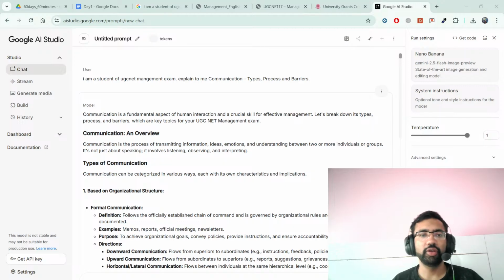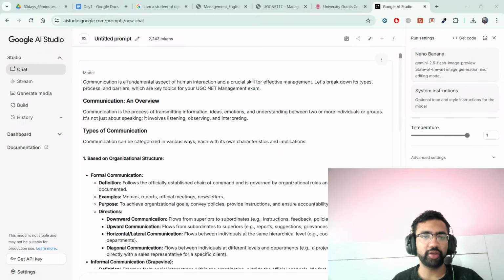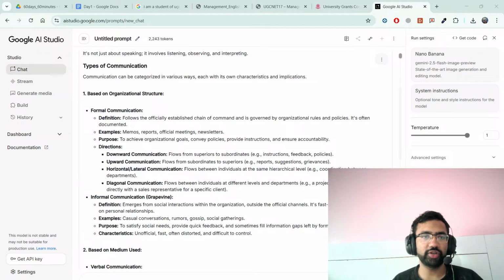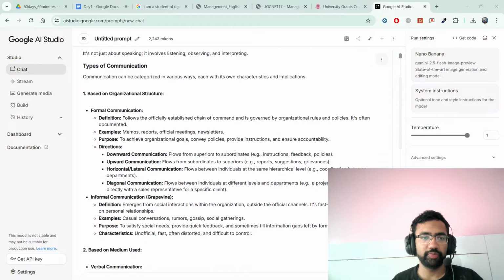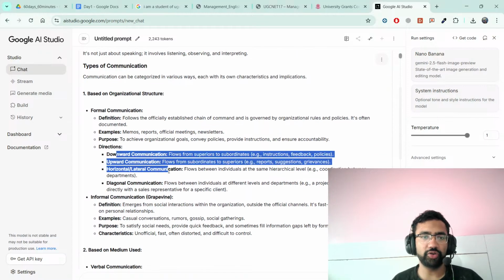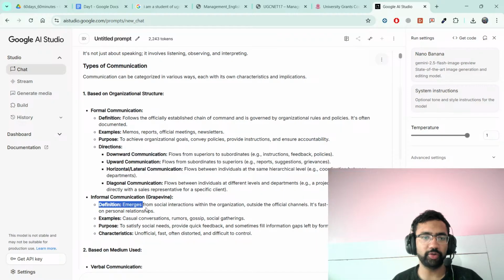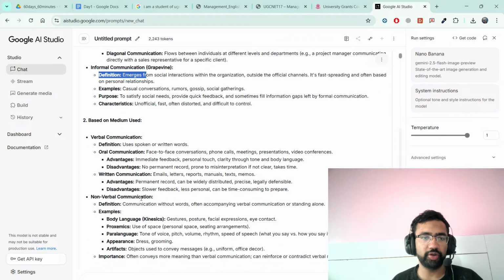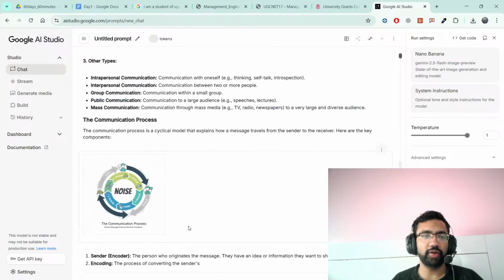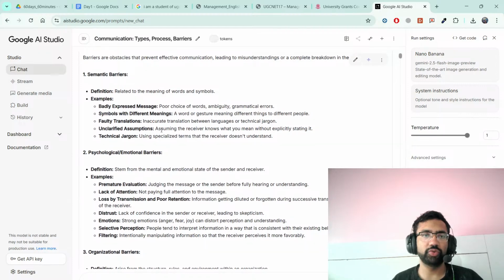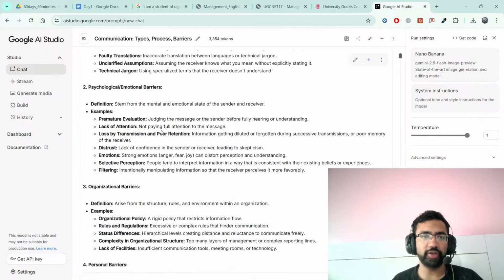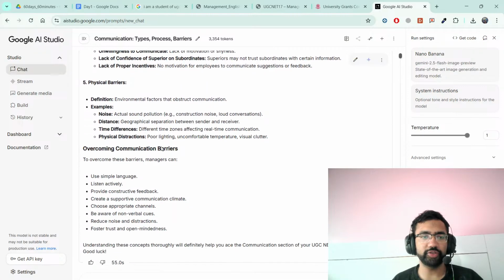What is communication? It is a process of transmitting information, ideas, emotion, and understanding between two or more individuals or groups. It can be categorized in many ways based on organization structure: formal, in which there is downward, upward, horizontal, lateral, diagonal communication, informal communication, and based on medium, verbal, and more. The barriers to communication: semantic, psychological, emotional, personal, physical, and all.